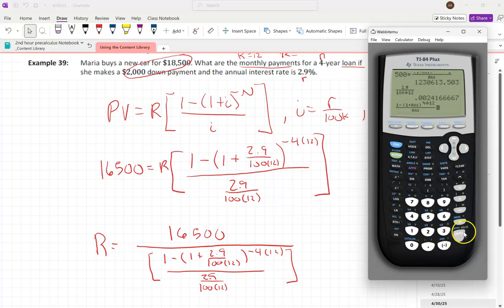So there's that fraction. And then I'm going to divide. Oh, no, I screwed it up. Gosh dang it. What did I do wrong? Who sees it?